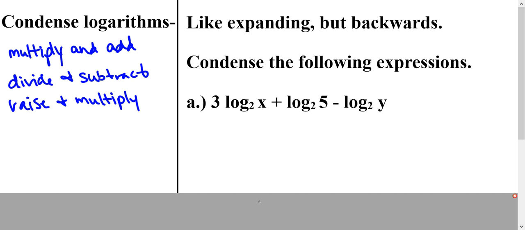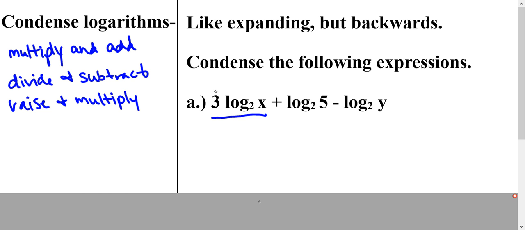So when we go through these expressions, like it says, condense the following expressions, we need to work from left to right. I like to do one step at a time. If I look at this first piece right here, this 3 is multiplied by this logarithm, which means it's going to be a raise and multiply.